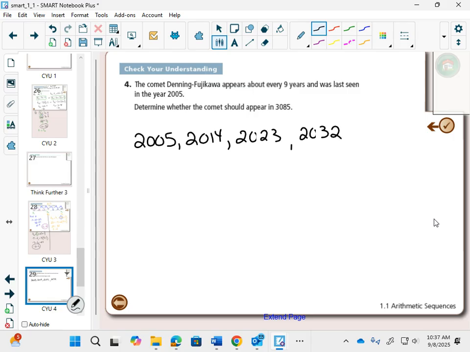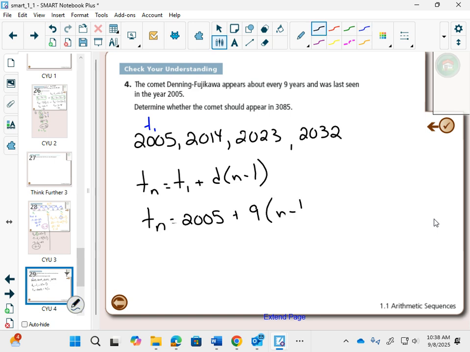So now I'm going to see, can I use the formula? In this case, I'm going to use the formula from your formula sheet, which says if you know term 1 and d, you can write out the general formula. Do I know term 1? Well, I'm going to use 2005 as my term 1. Do I know what I'm adding each time? Yes, every 9 years.